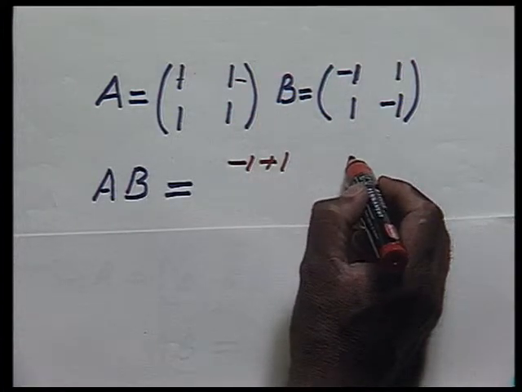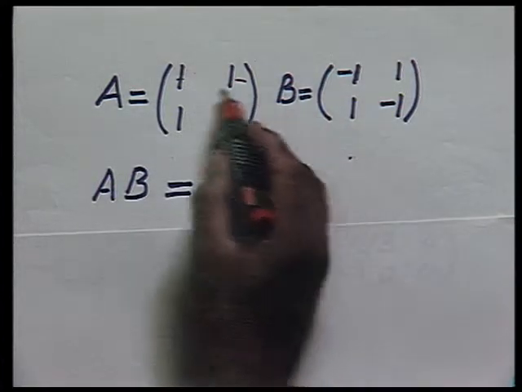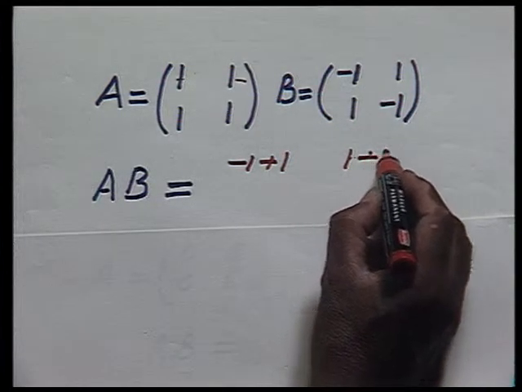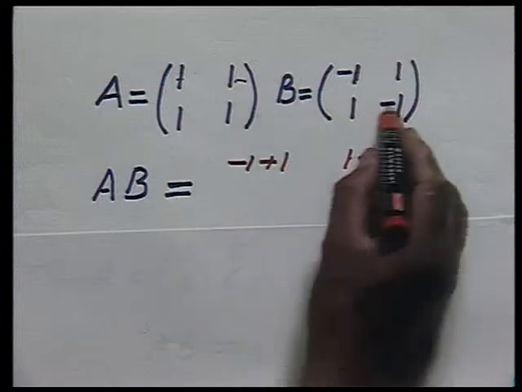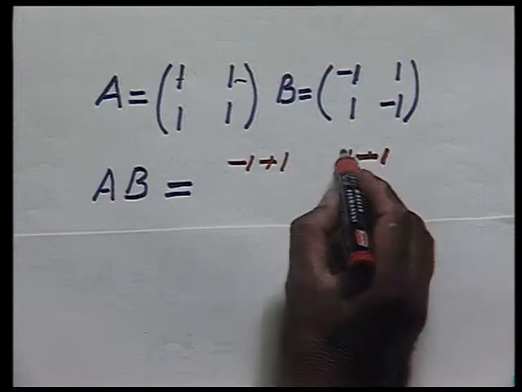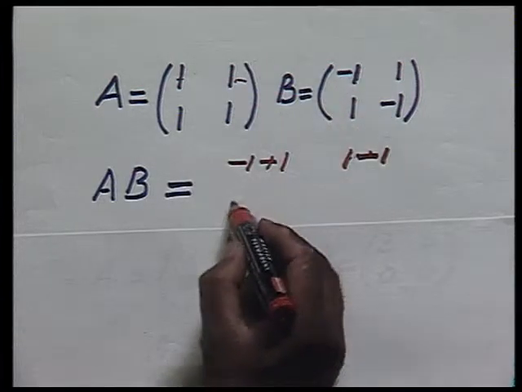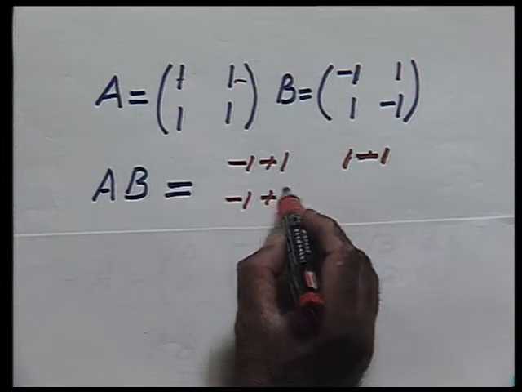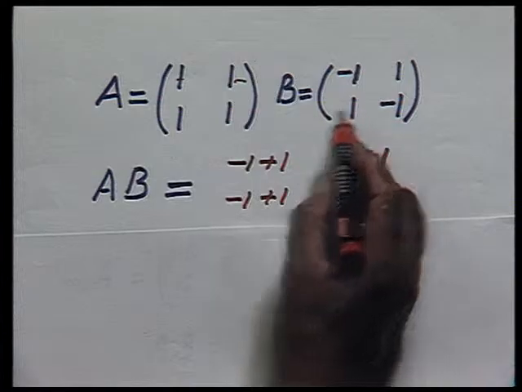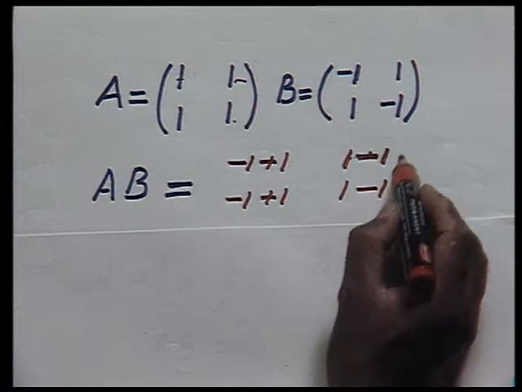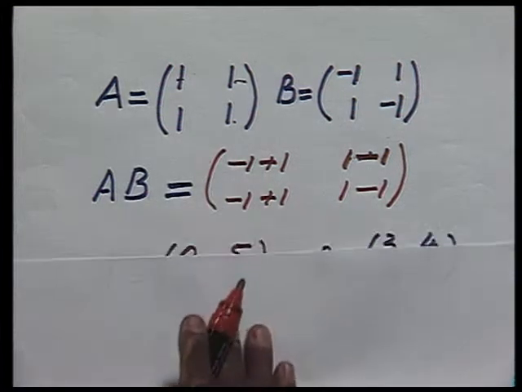Then this element, first row second column. So, it is 1 and then minus 1, because 1 times minus 1 is minus 1. Second row here, and first column, minus 1 plus 1, and 1 times 1 is 1, 1 times minus 1 is minus 1.